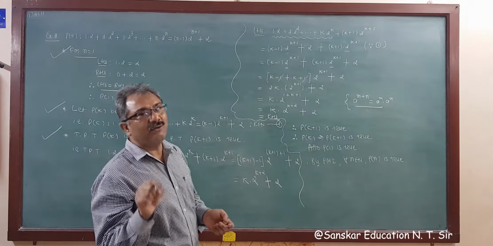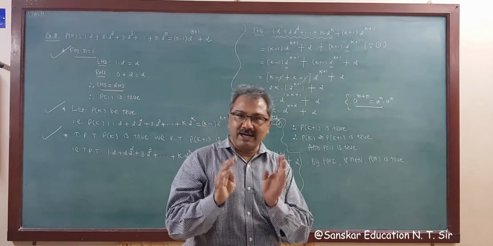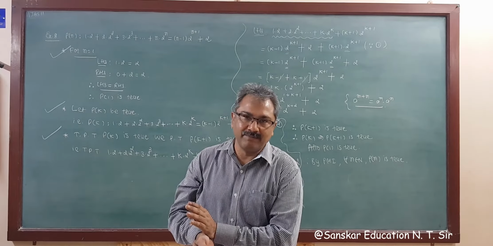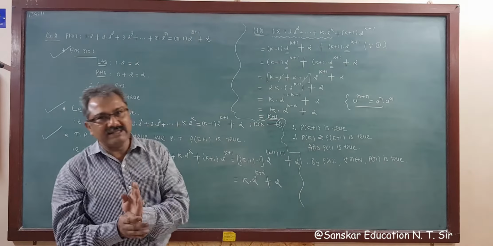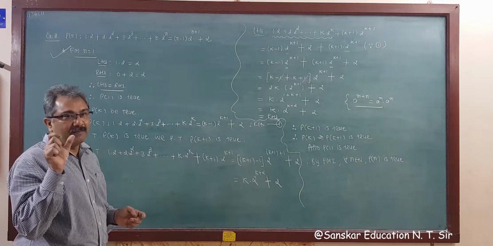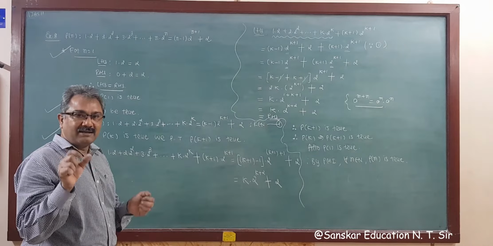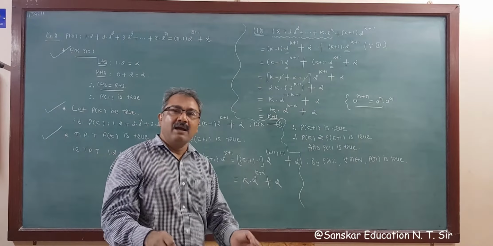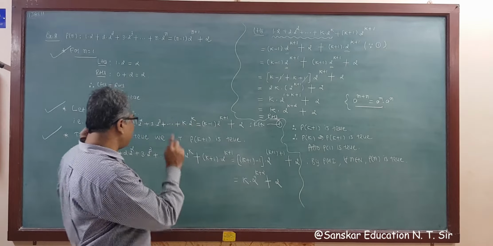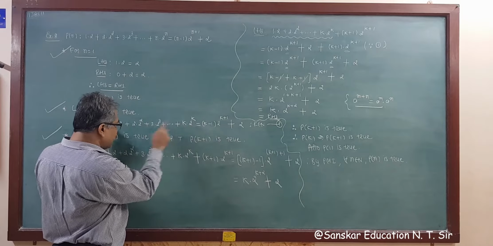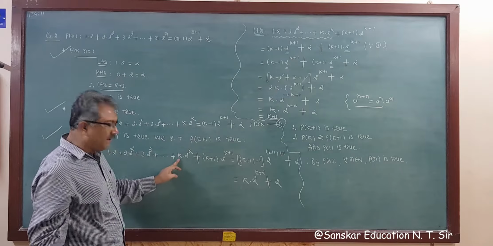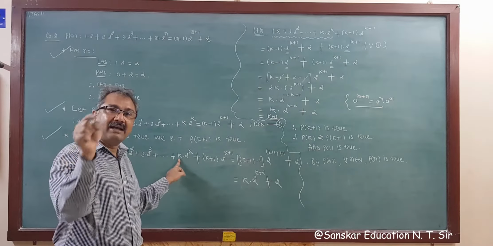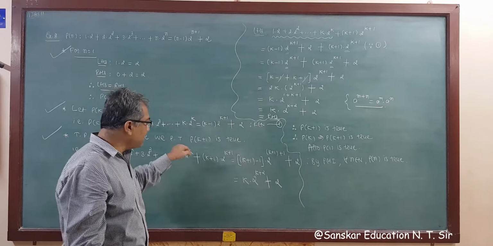But remember one thing: while you are writing the Pk plus 1 step, you have to write the left hand side of Pk as it is, and then add one more step, that is, replace k by k plus 1.